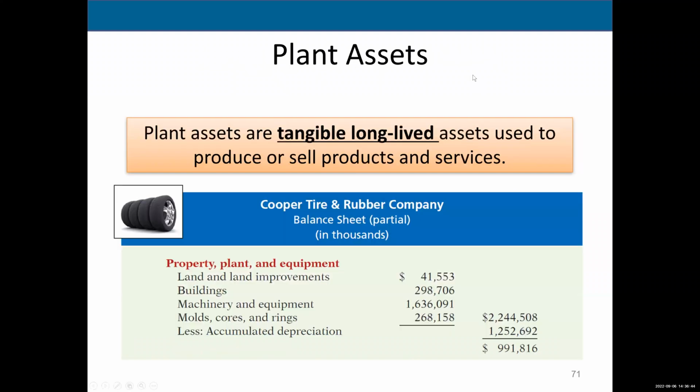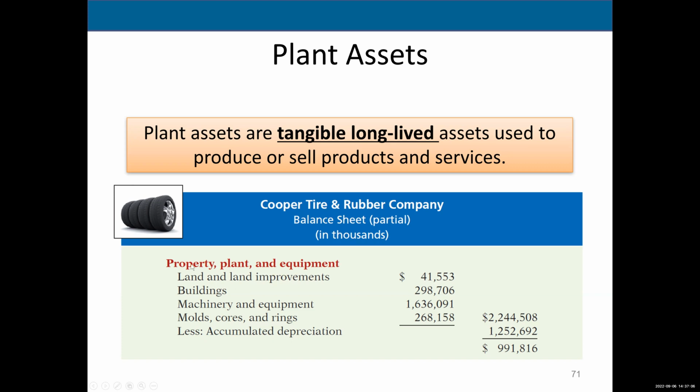The next section is plant assets. And sometimes we call plant assets property, plant, and equipment. Matter of fact, if you got hip to the lingo, if I'm your boss, I could say, hey, go get me the PP&E schedule. And you'd bring me back the property, plant, and equipment schedule.